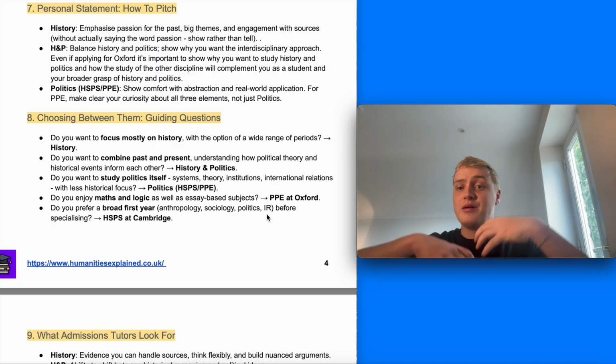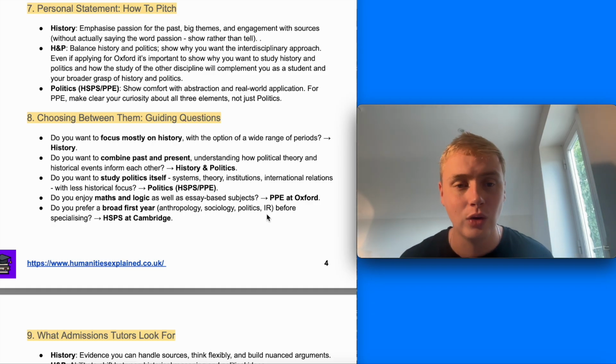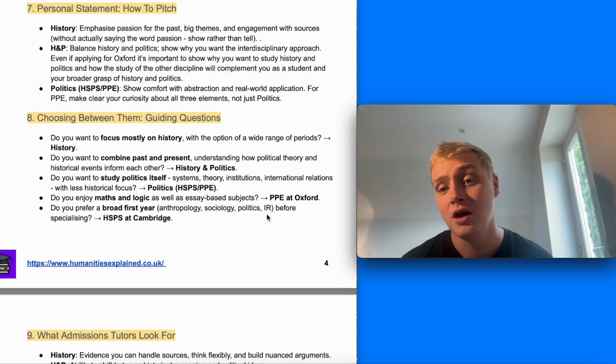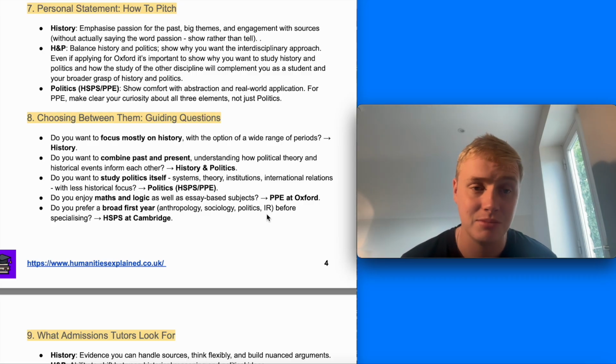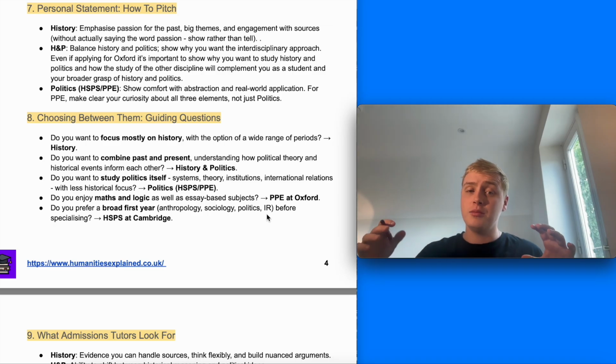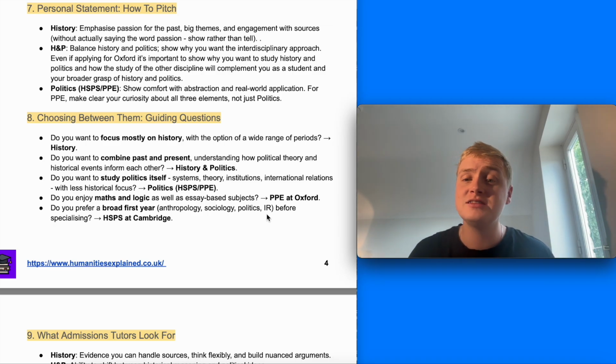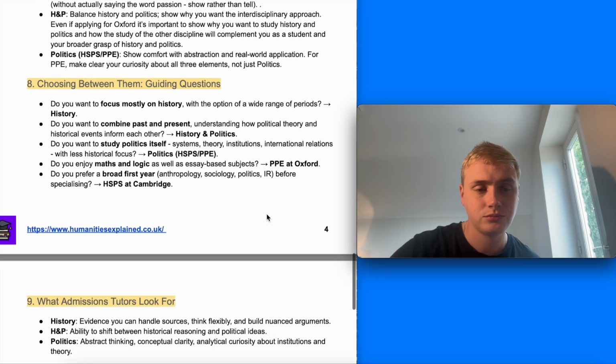That's obviously very broad, and that links into history when you're studying politics as well, but that might be where HSPS is best for you, or PPE. If you enjoy maths and logic as well and economics, then PPE is probably your best. And if you prefer a broader first year before specialising, that's to some extent the case with all of these courses, particularly history and politics and HSPS, but HSPS in particular is very good for that.